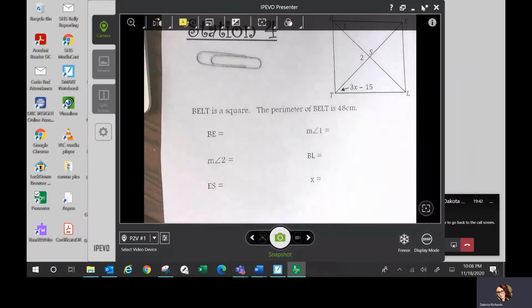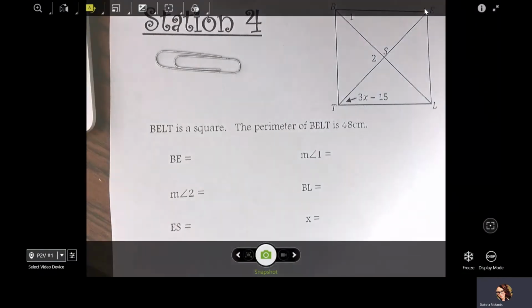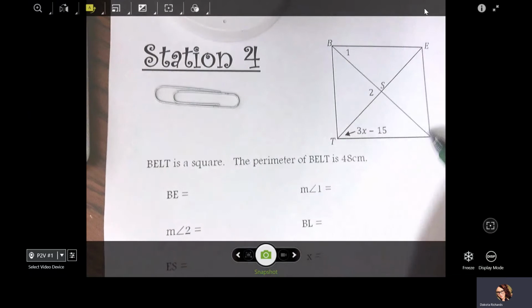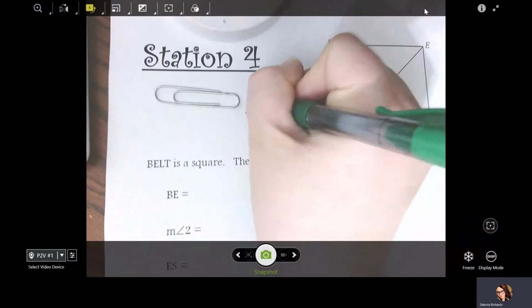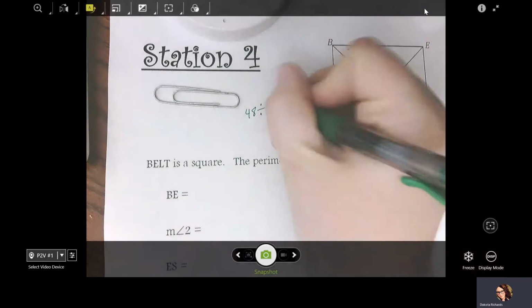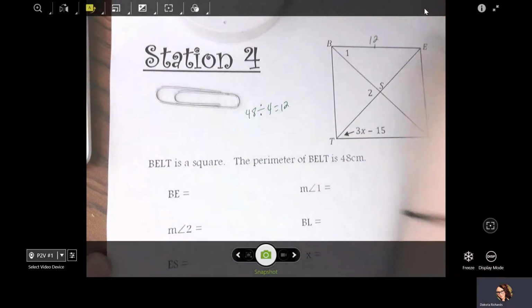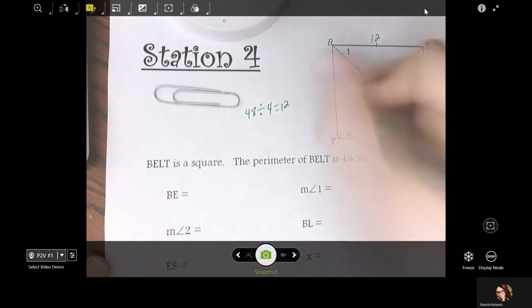So if you know all sides are congruent, all the perimeter added together is 48. You're going to do 48 divided by 4, and you should get 12. So BE is 12. That means all of these sides are 12.